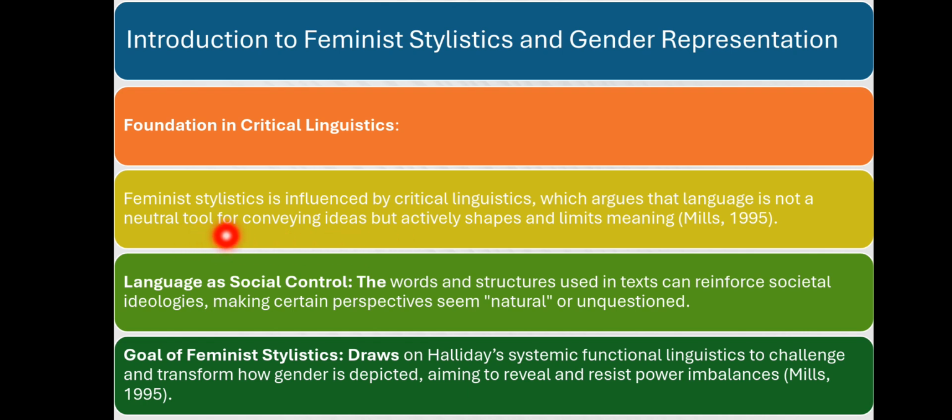Language is not a neutral tool for conveying ideas, but actually shapes and limits meaning. It's language which shapes your mind and limits the meaning. So language is a social control.